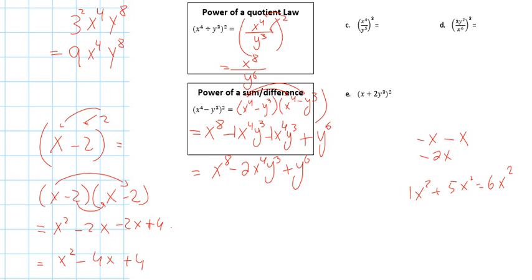I'm just adding the like terms. I'm adding their coefficient. When you're multiplying, then you add the exponent. So if I had this, for example, x squared times 5x squared, then that's going to be 5x to the power of 4 because I'm adding my exponents. Okay? But when I'm adding the terms, I just add the coefficients. Okay?